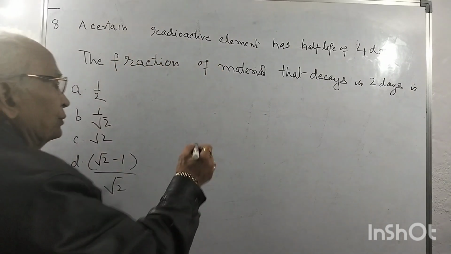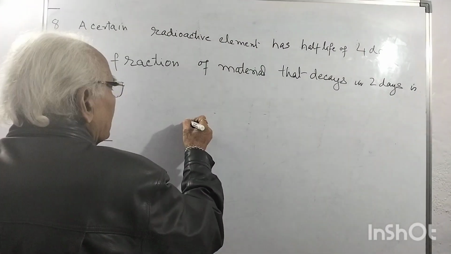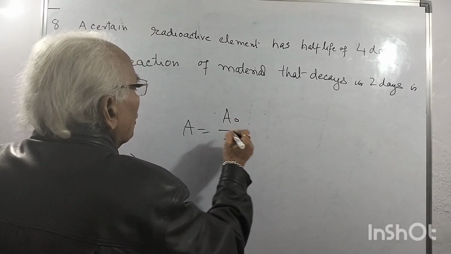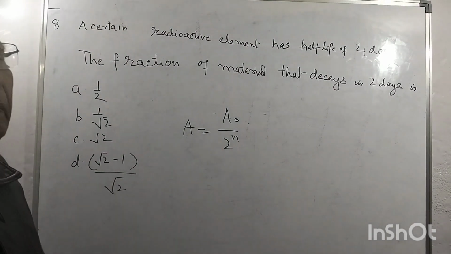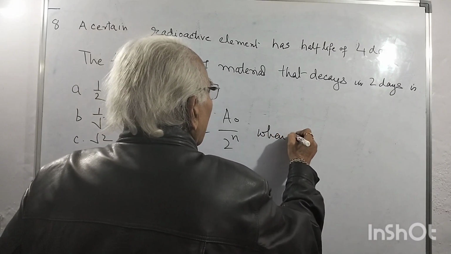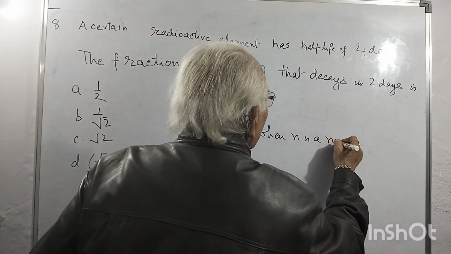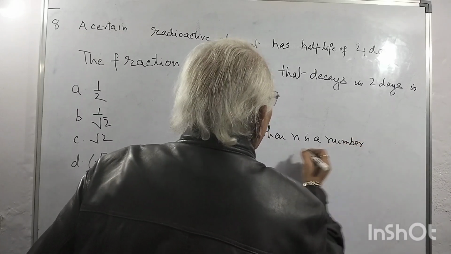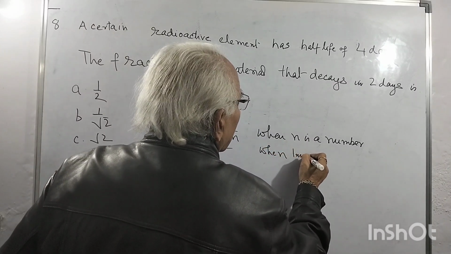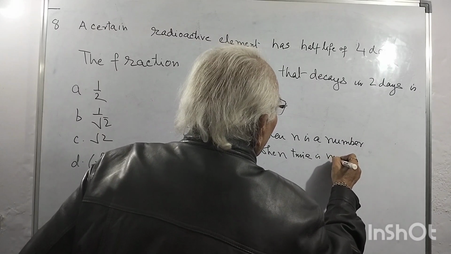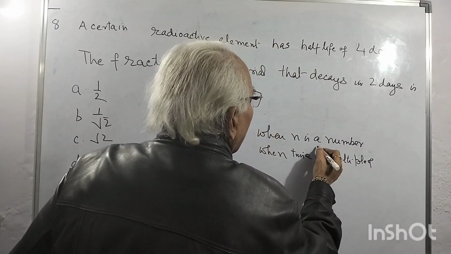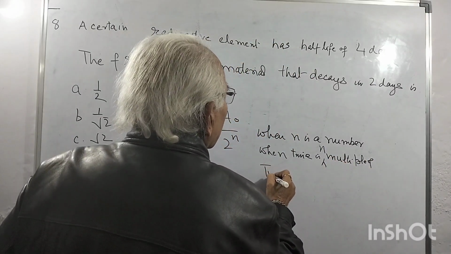We have a formula that A is equal to A naught by 2 to the power n, when time is some integer multiple of half-life. Here n is a number, so that time is n multiple of half-life.